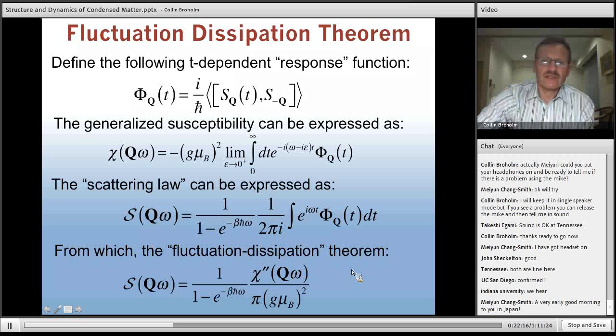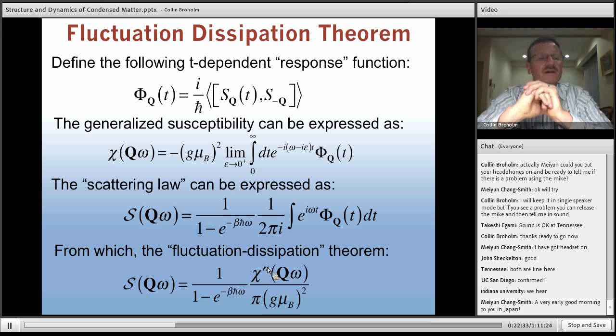So you'll notice that what's shown up is actually chi double prime of q and omega. What does that mean? That means the imaginary part of this generalized susceptibility. So when we're talking about the zero frequency susceptibility, then you'll find that the susceptibility is actually a real quantity.